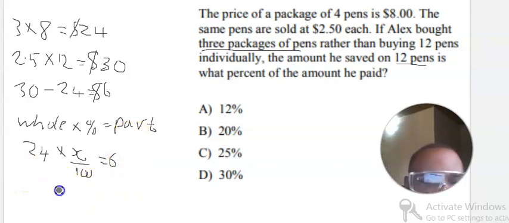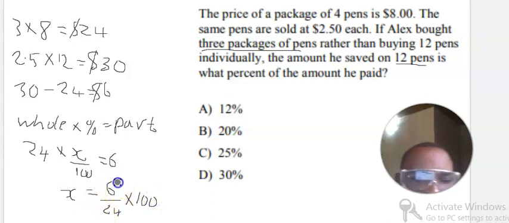If we cross multiply and tidy this, you agree with me that this will be 6 over 24 times 100. 6 into 6 is 1, and 6 into 24 is 4, so that's 1 over 4. 1 over 4 is 0.25, multiplied by 100 gives us 25%.